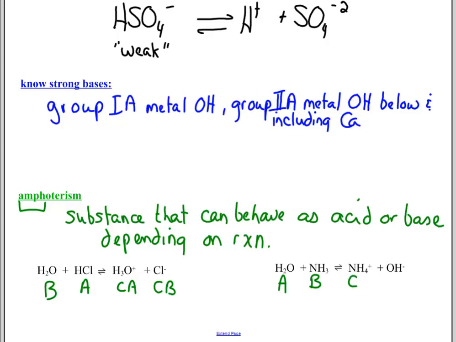It now becomes the conjugate acid. And our hydroxide is the result of a hydrogen ion being given up, and so this is our conjugate base. So here we have an example of water in one case behaving as a base. Here we have water in this other reaction on the right behaving as an acid. So that's an example of a compound that is amphoteric. It can behave as an acid or as a base depending on the reaction that it's in.